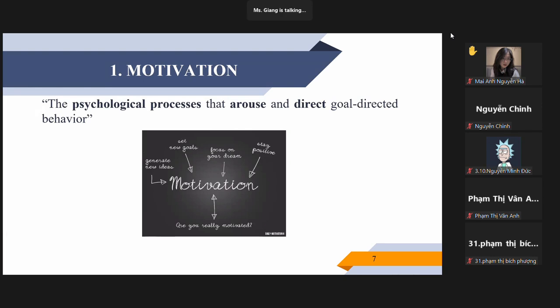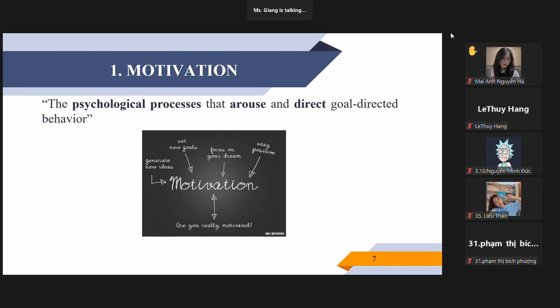Because it happens inside our mind. It is in our inner, and it directs and arouses goal-directed behavior. In other words, in order to do something, we should have motivation, and that motivation is the underlying reason that directs us to do something.